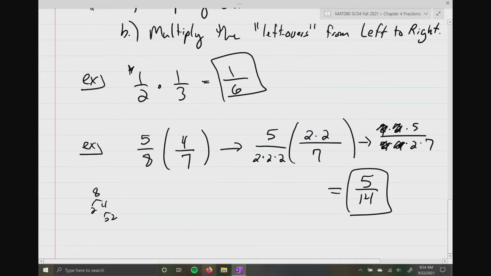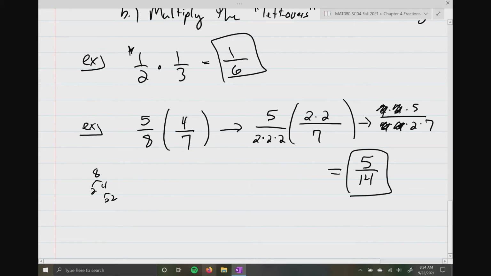Now, just to demonstrate, let's say you did it the old school way. You did 5 times 4, which is 20. And you did 8 times 7, which is 56. All right? You would have to break down 20. The prime factorization of 20 is 2 times 2 times 5. Then you'd have to break down 56.